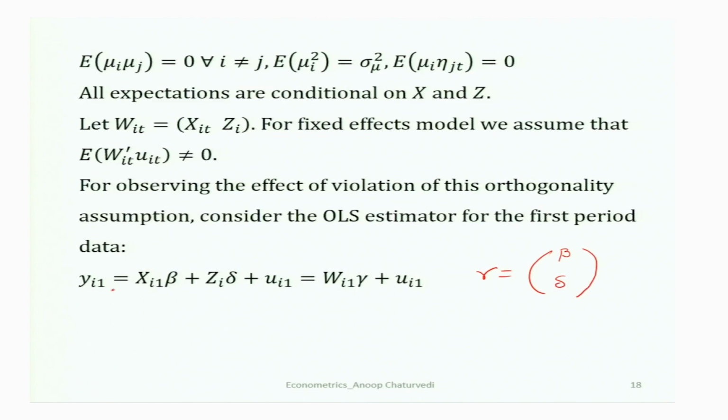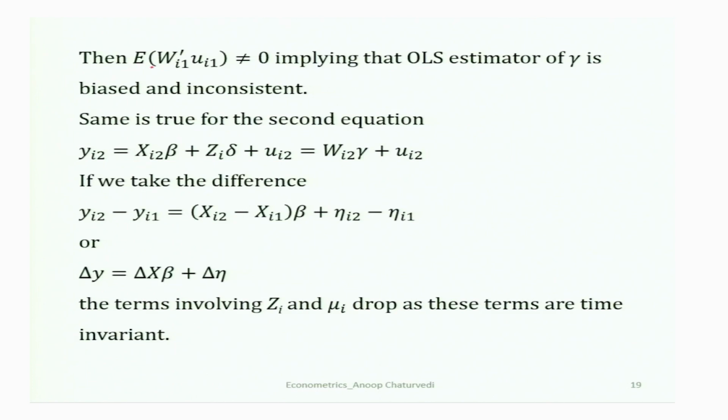So, you get y I 1 equal to w I 1 gamma plus u I 1. Then expectation of w I 1 transpose u I 1 is not equal to 0, because these w i's are correlated with the disturbance term, and this implies that the OLS estimator of gamma is biased and inconsistent.